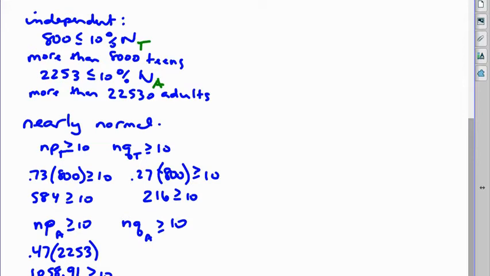So that's definitely met, just in case you wanted to know what the other number was. This would be 0.53 times 2253, greater than or equal to 10. So I get 114.09. Yeah, so anyway, conditions for inference are met.